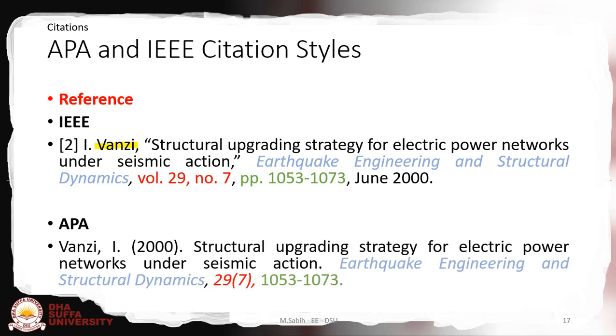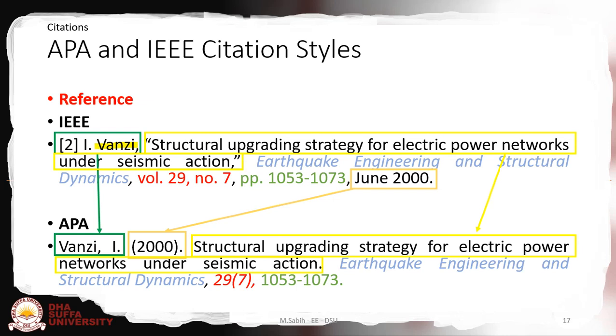In APA also the same information comes, but you see the author name is here, and the date comes next to the author name in APA, while in IEEE it is in the end.